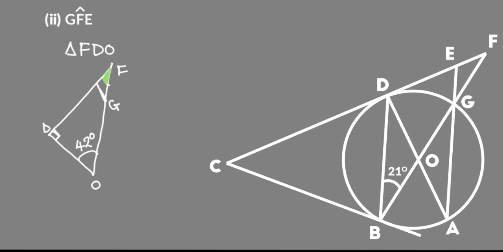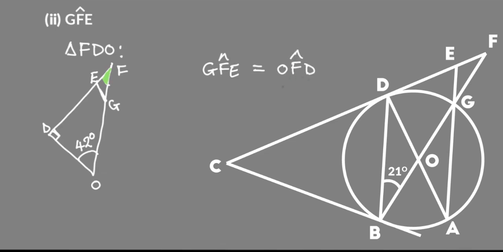Now, if you look, we've highlighted that we're using the triangle FDO. Therefore, to find angle GFD or GFE, because if you look carefully here, there's another point formed which they're calling E, we need to realize that the angle GFE is equal to the angle OFD.